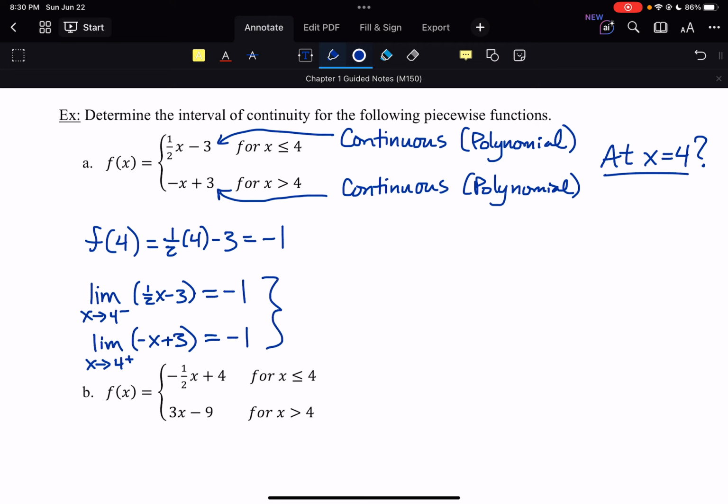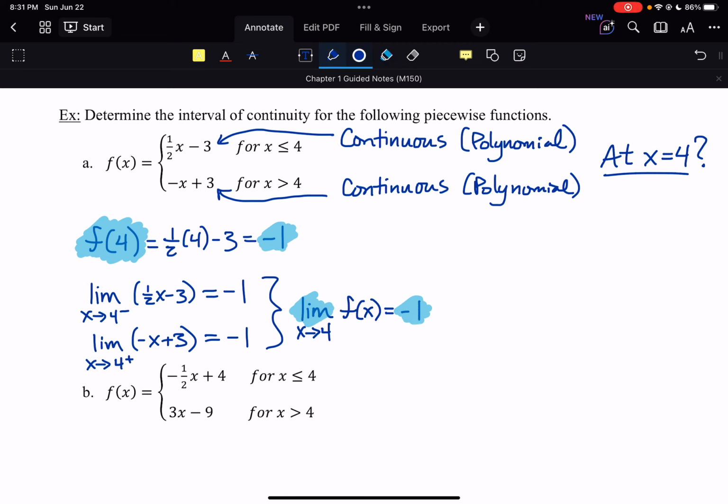If the limit coming from the left and the limit coming from the right are the same, that means that the entire limit, the two-sided limit of f of x, is negative 1. So we got the function value is negative 1, and the limit is negative 1.